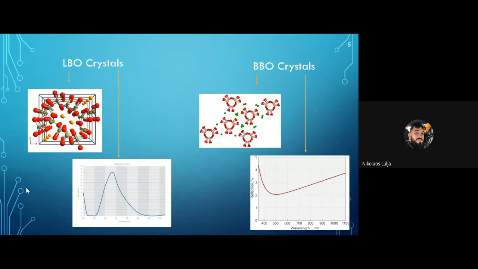Here we are going to talk specifically about these two crystals, LBO, lithium triborate, and BBO, beta barium borate, that is in the picture. They are the most commonly used ones. We can show the structure of each crystal in the first picture.